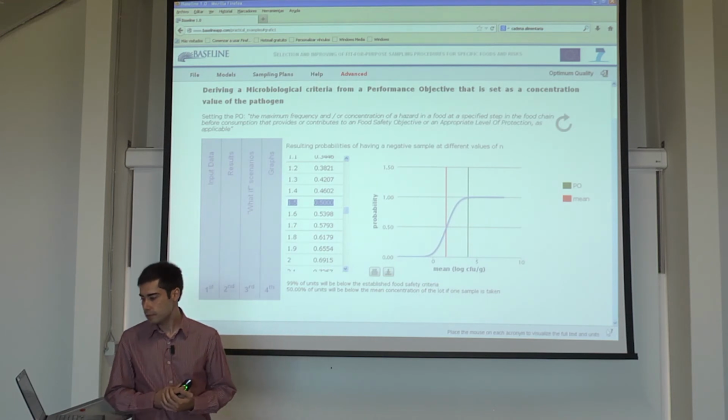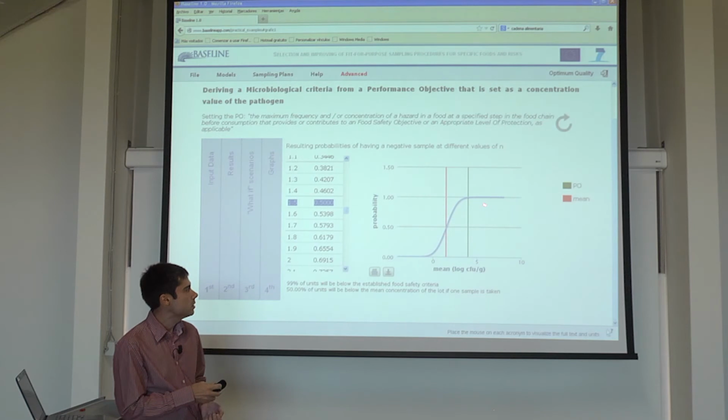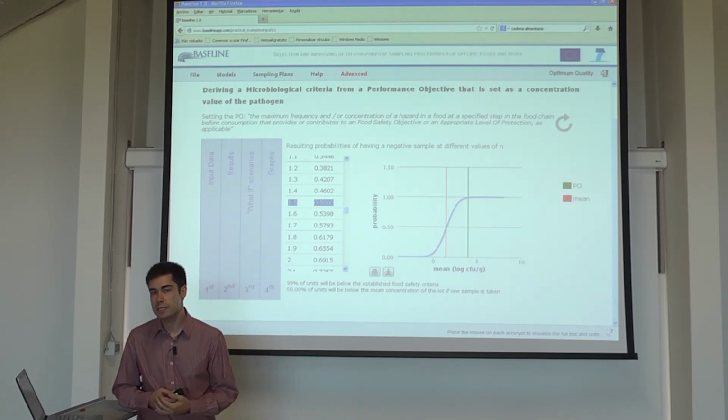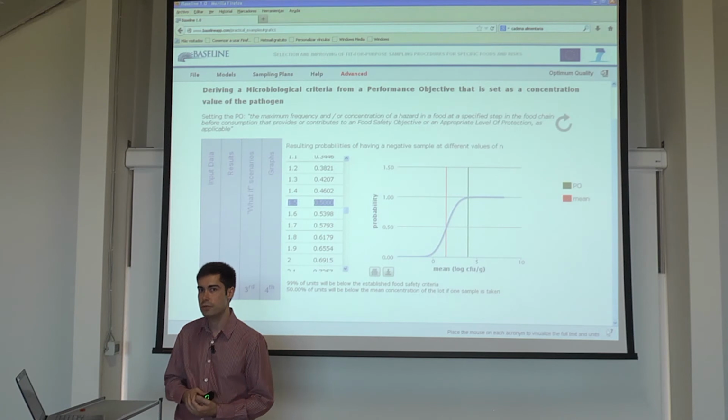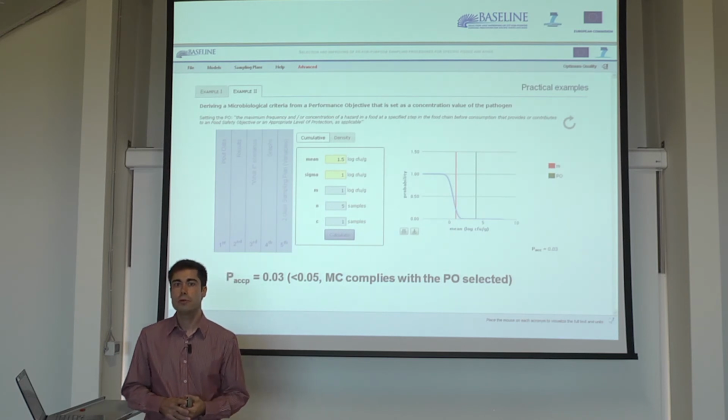In the last part, we can derive very easily the cumulative distribution, in which we can observe in the green vertical line the performance objective, and in the red line where we can see the mean concentration of our distribution. We can set even a microbiological criteria.